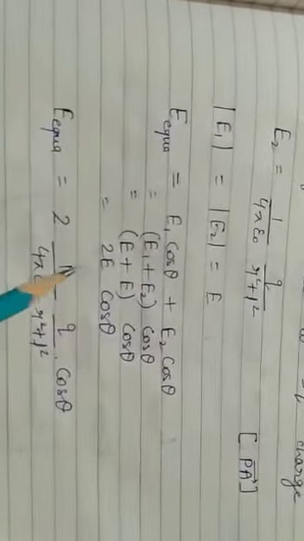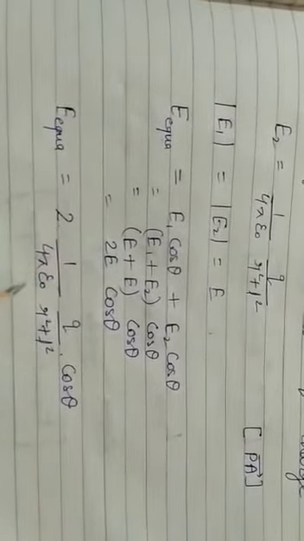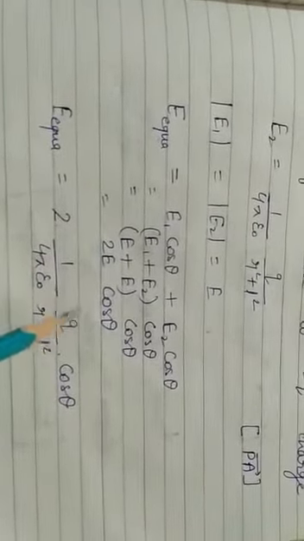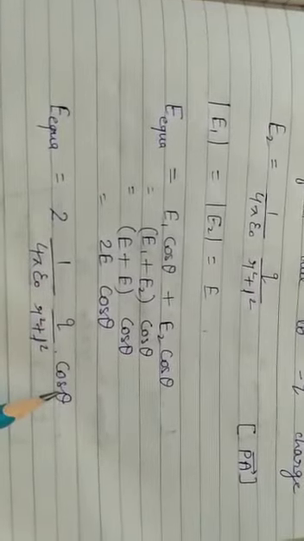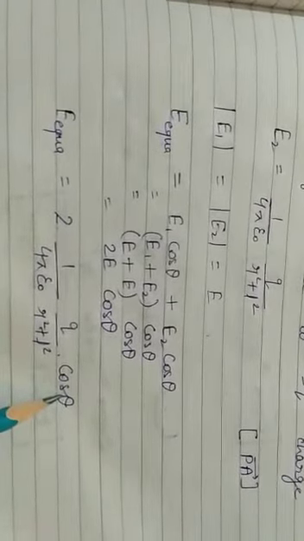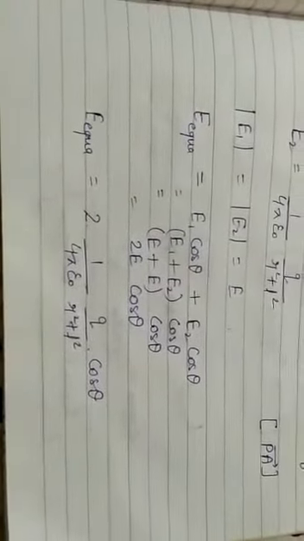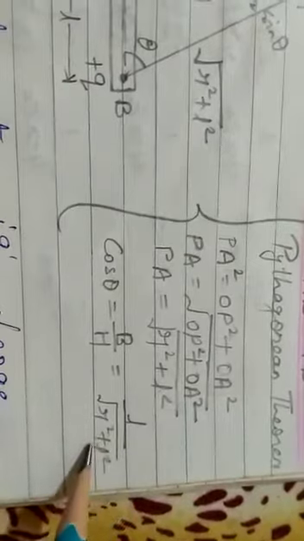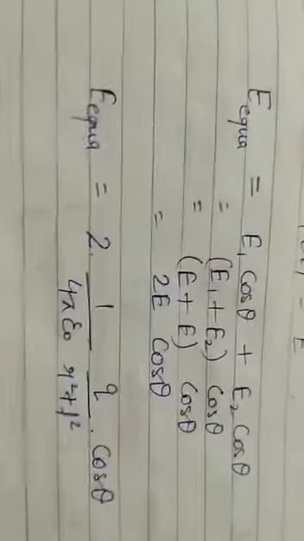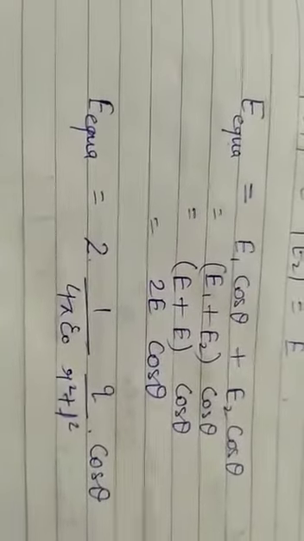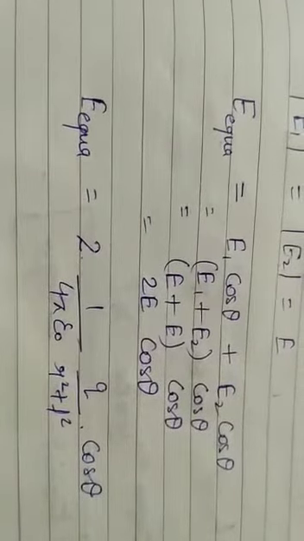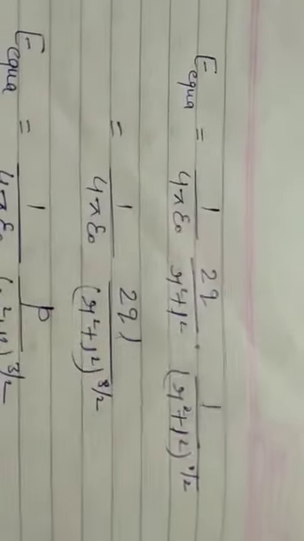Now by putting the value of E, 2 into, this is the value of E and this is cos theta. Now you understood why we have derived the value of cos theta. So the value of cos theta we have got is L upon root over r square plus l square. That value of cos theta we will put in this equation and we will get this one.